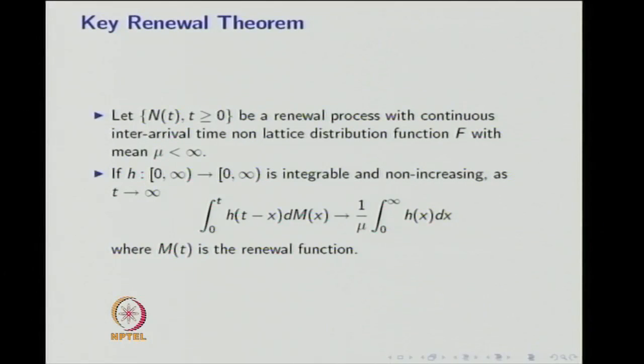If h is an integrable and non-increasing function, then as t tends to infinity, the integral from 0 to t of h of (t minus x) with respect to the renewal function capital M of x tends to 1 divided by mu times the integral from 0 to infinity of h of x dx.